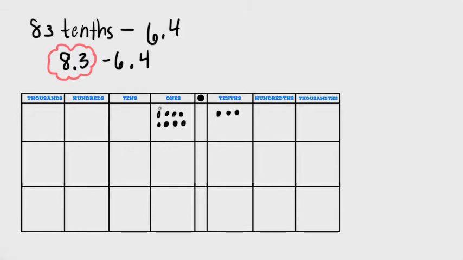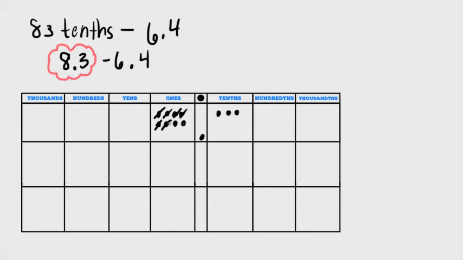Now here's where some weird stuff happens, and this is what I want you to start to see. We have 8 here, and we're going to take away 6. We can take away 6 really easily. 1, 2, 3, 4, 5, 6, and we're left with 2.